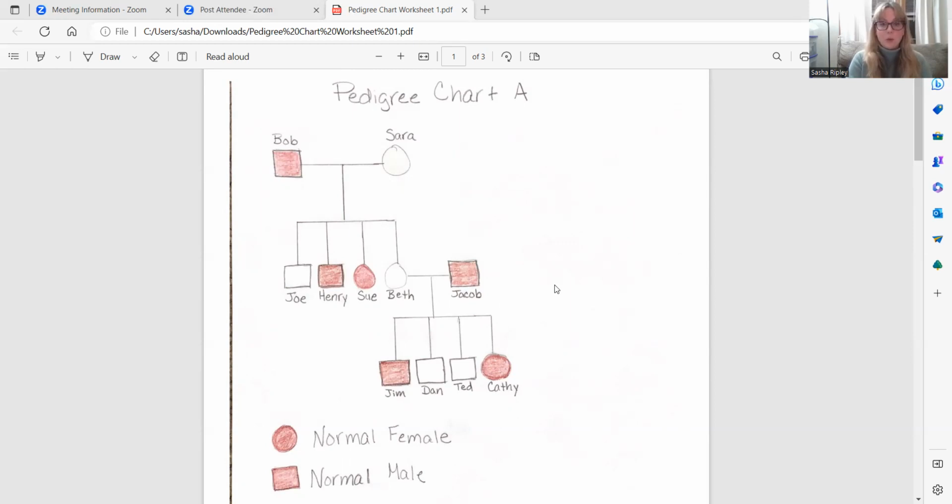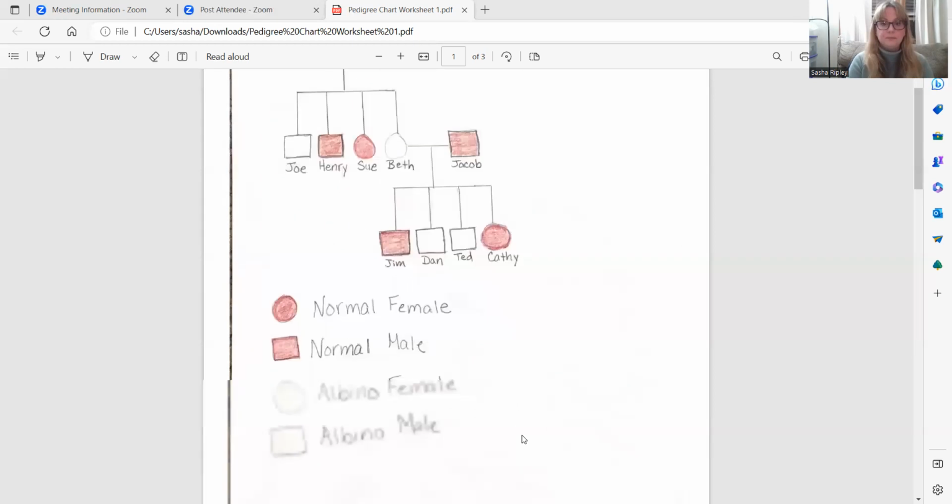Just need to know how to do that and answer questions if one of the exams has a pedigree chart on it. And again, all of the squares and circles that are filled in or colored in are normal pigment. And all of the ones, the circles and the squares, that are white or not colored in represent people who have the trait of albinism.